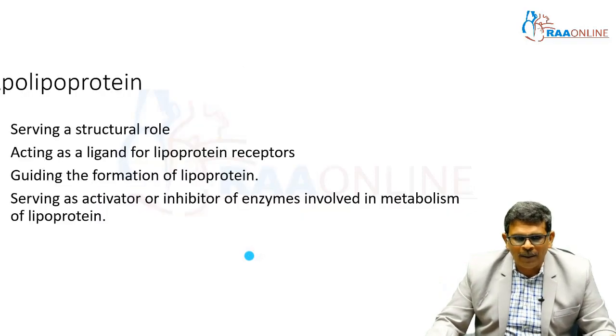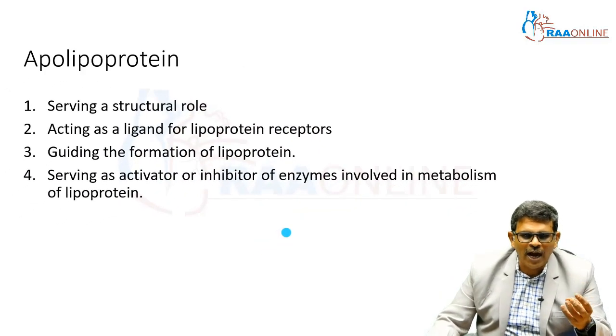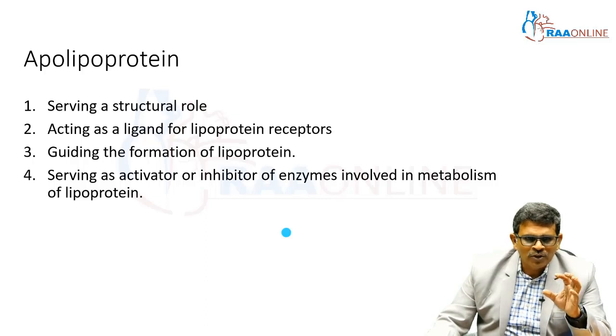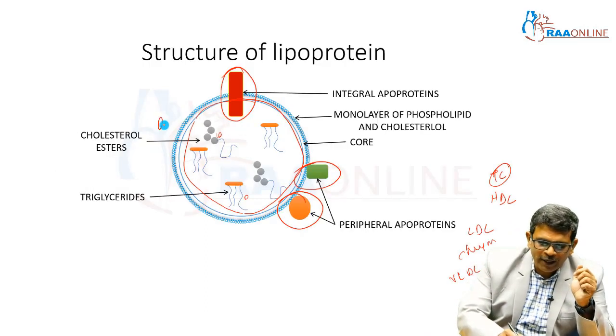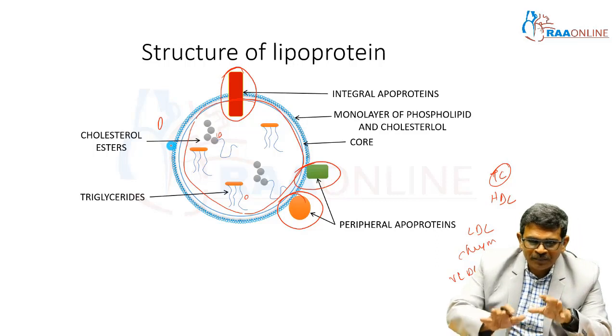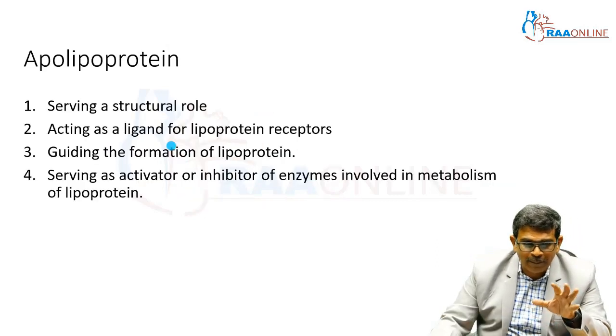These apolipoproteins can be ApoB, ApoB48, ApoB100, ApoE, ApoC1, ApoC2. There are various apolipoproteins like this. What do they do? They are important for a structural role for the lipoprotein.